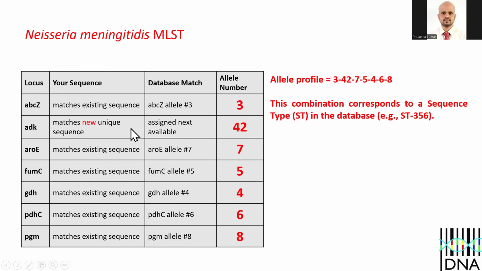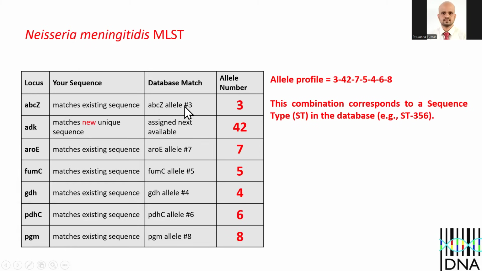Each copy, if they are similar, is given one allele number. For example, if the 7 copies each differ by at least one nucleotide, then the 7 variants of this particular gene will be recognized as allele 1, allele 2, allele 3, allele 4, up to allele 7. When I do a BLAST analysis, if my sequence matches perfectly with allele 7, then I write the allele number as 7 here.